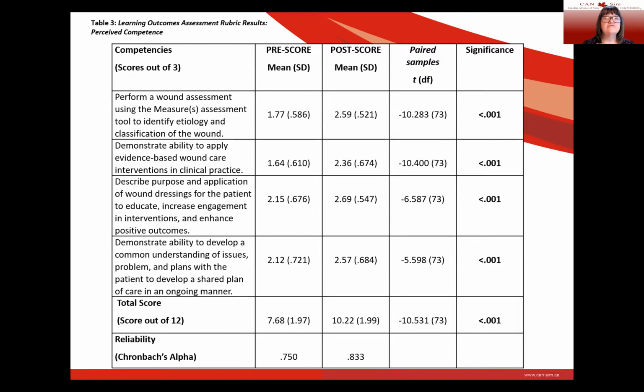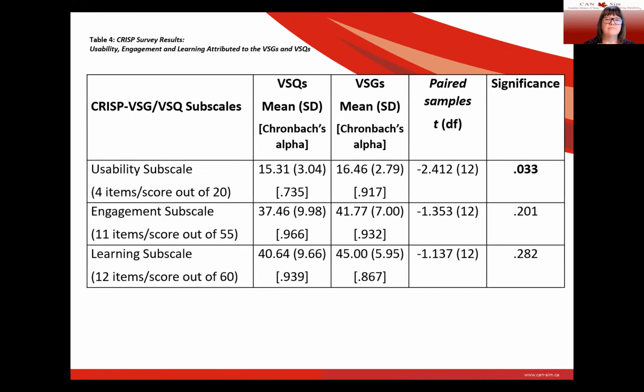Table 3 is from the assessment rubrics, and we can see that the learner perceived competence also increased significantly for all 4 of the learning outcomes associated with the module. So that was good to see as well. On the CRISP survey, the virtual simulation games were rated significantly higher than the virtual OSCEs in terms of the usability scale.